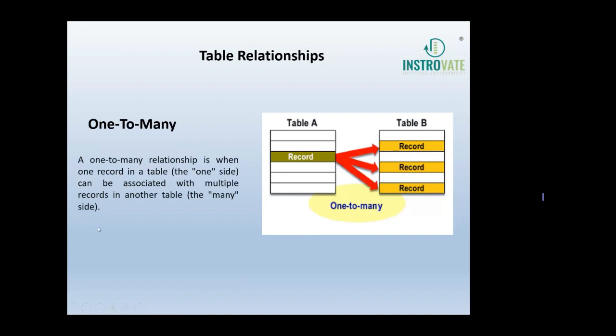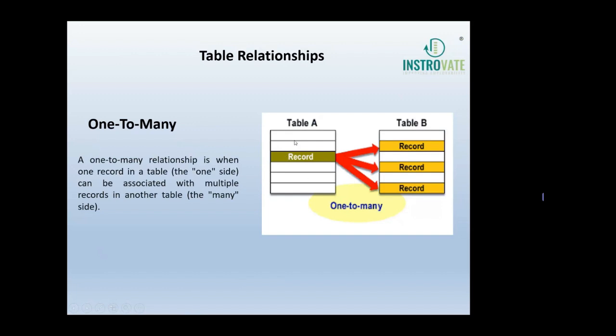The first kind of relationship is one-to-many. From the diagram, it is very clear. There is one table A, there is one table B, and the record is represented here. From this particular record, you can see it is connected to here, here, and here.